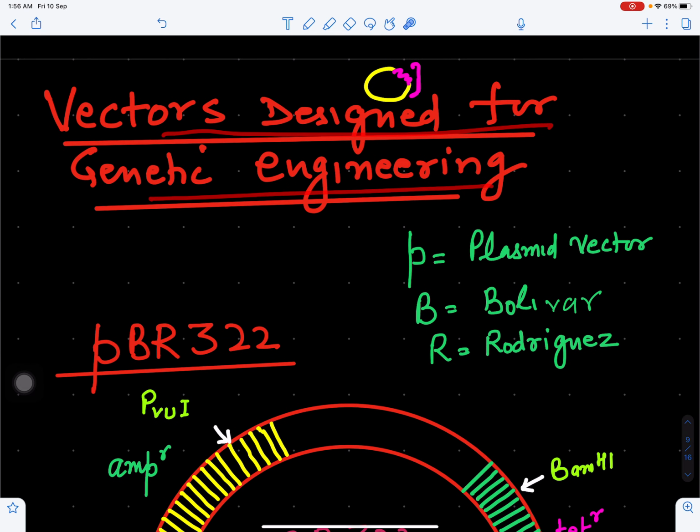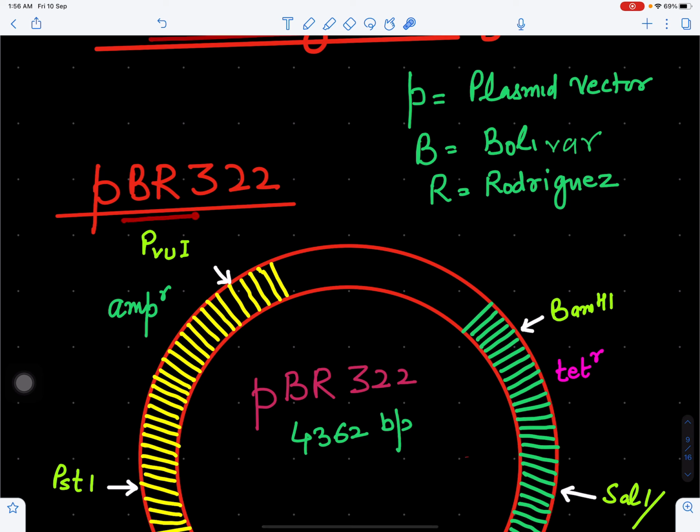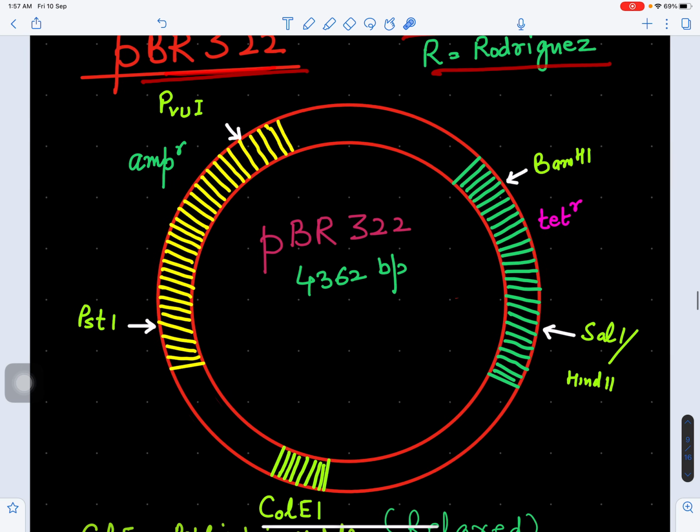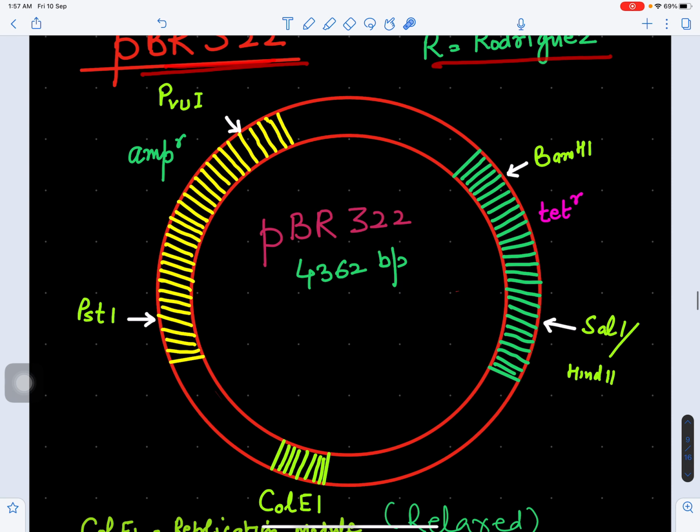One example we'll discuss is pBR322. P is for plasmid, B is for Bolivar, R is for Rodriguez. We can study its genetic map like this. Now this is pBR322. It has a module for replication, a relaxed module of replication, meaning it can independently replicate, and this replication module is taken from the bacterium Escherichia coli.